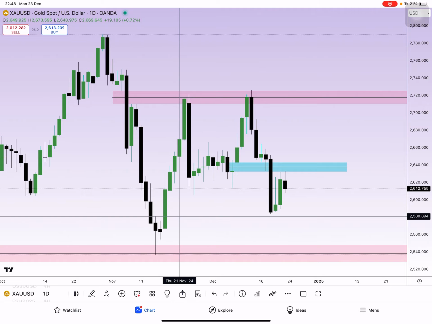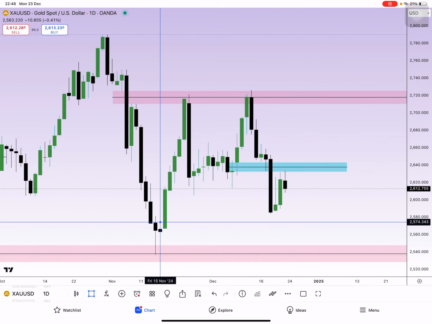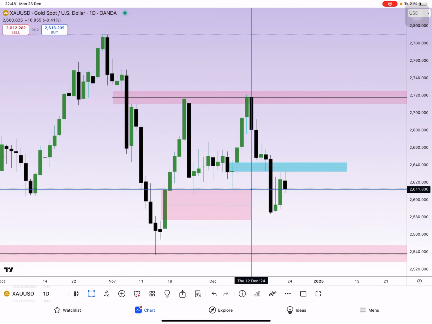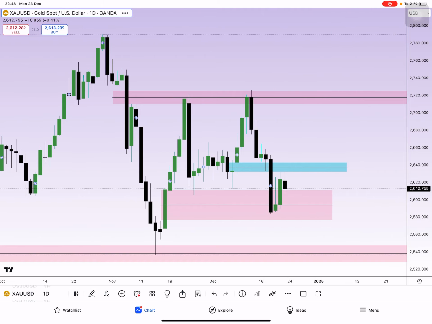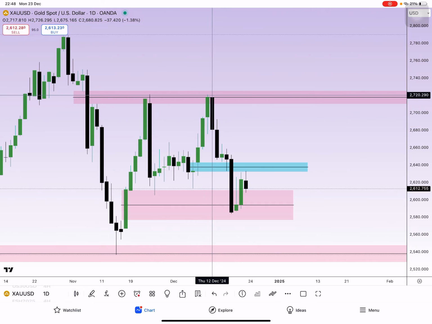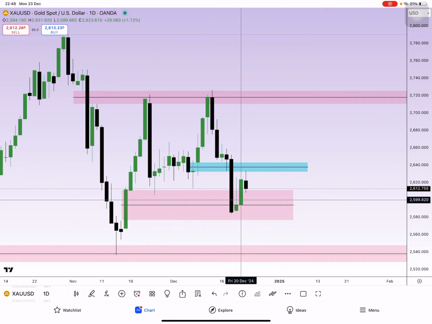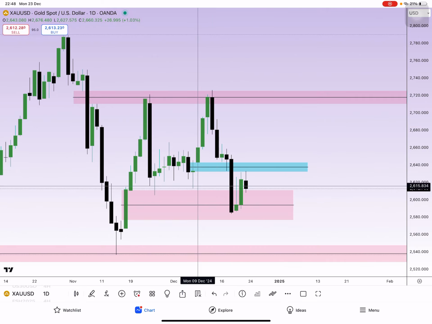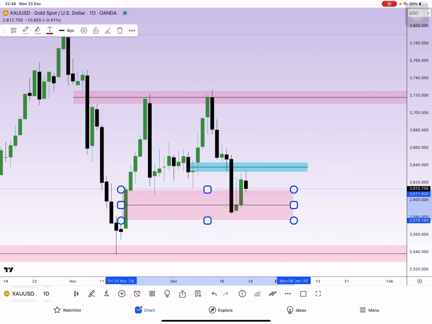Then they traded into this fair value gap, and they rejected from here again, then sent it back down again into this gap. There is another thing marked with this blue one. I removed all these, it was just for your information.